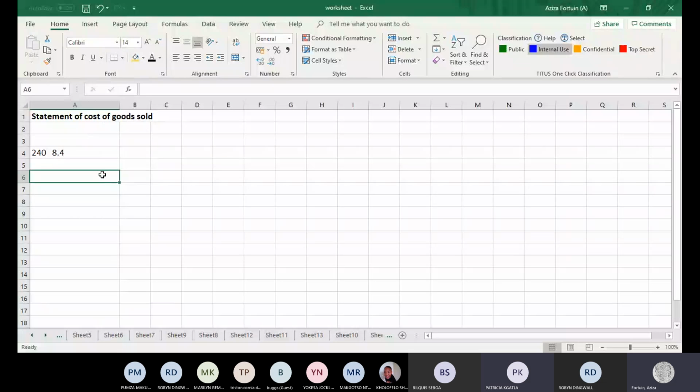You get a statement of cost of goods manufactured, and you get one that is cost of goods sold. Now make sure that you know what they're talking about in the exam. So let's look at example 8.4, and then let's do the statement of cost of goods.